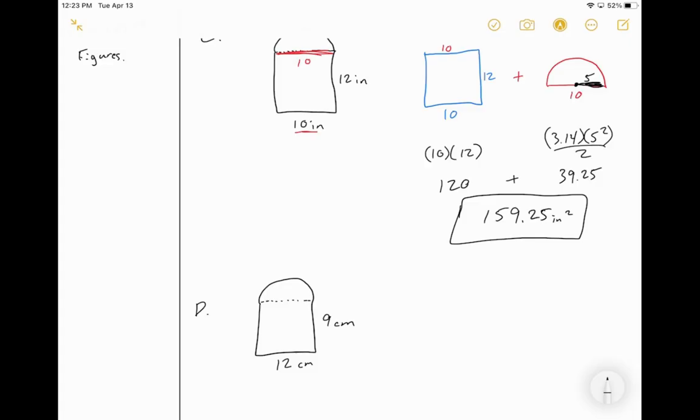Double check it. There might have been something you put in wrong in your calculator. That happens sometimes too. Forgetting a decimal or... All right.